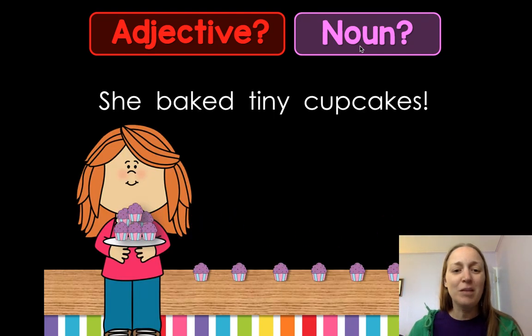All right, so she baked tiny cupcakes. What is our noun for this sentence? Hopefully you said cupcakes. And then think about what describes those types of cupcakes. What type of cupcakes are they? What is the adjective? Hopefully you said tiny.